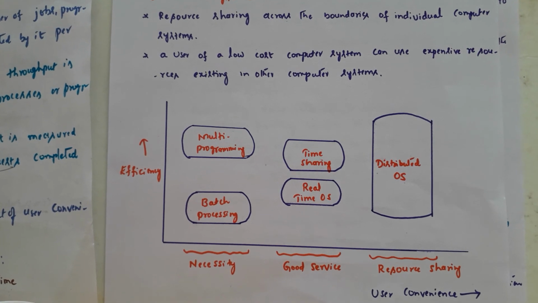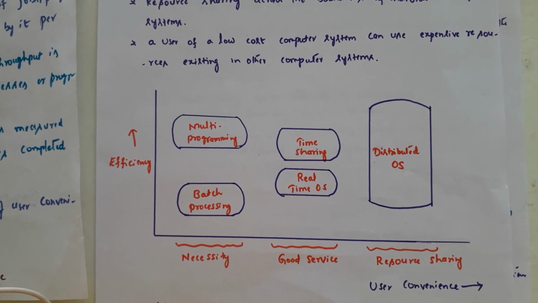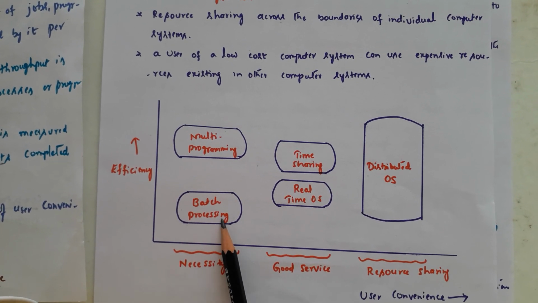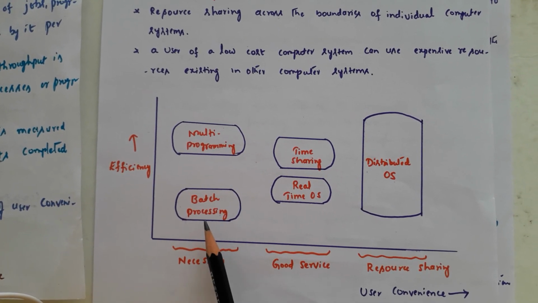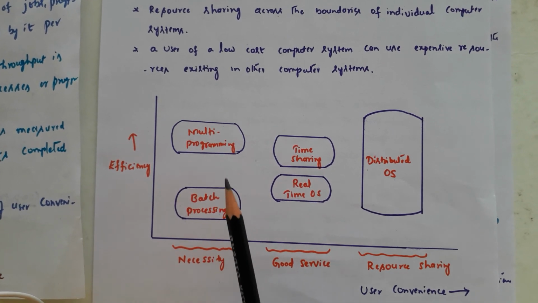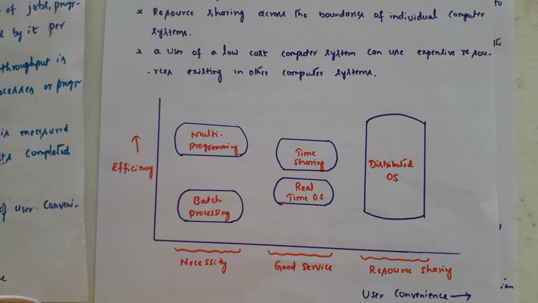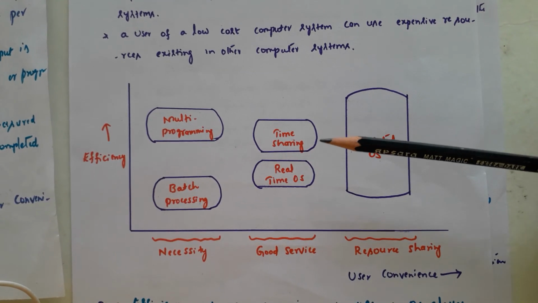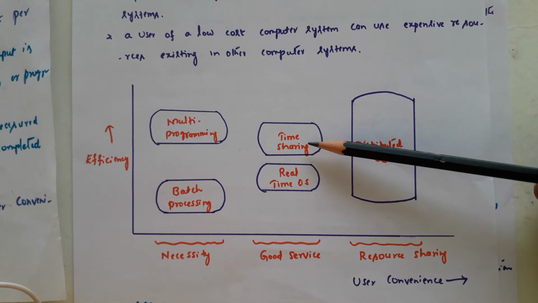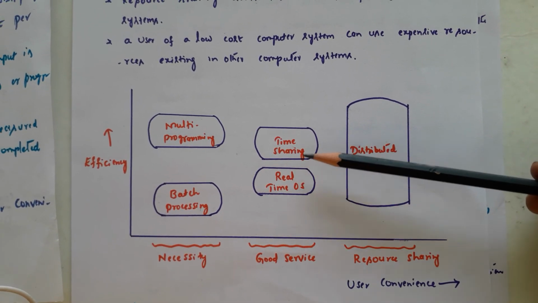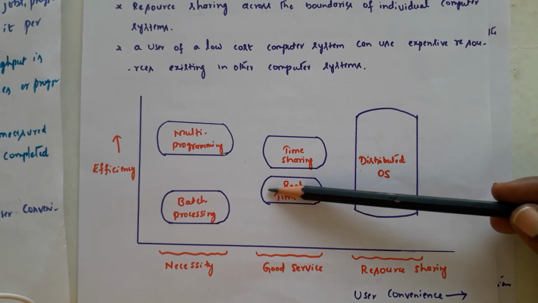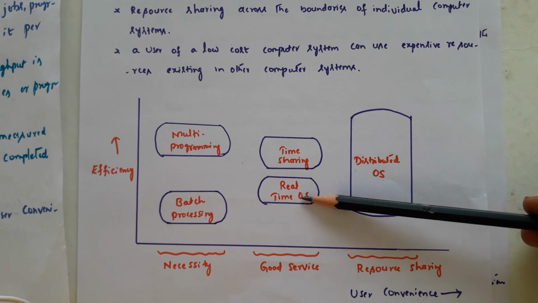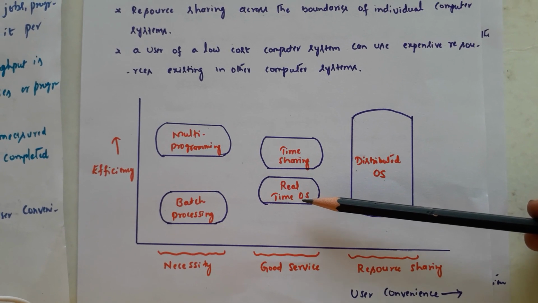Multi-programming has the highest efficiency compared to batch processing, because batch processing makes your CPU work by feeding a single program at a time, whereas in multi-programming many programs can work simultaneously. Similarly, time sharing has more efficiency compared to a real-time operating system, because a real-time operating system works on a particular application. We just want that application to be done in a given deadline.